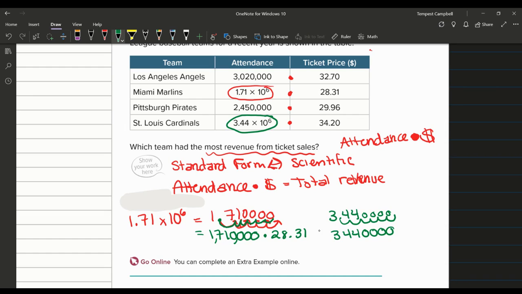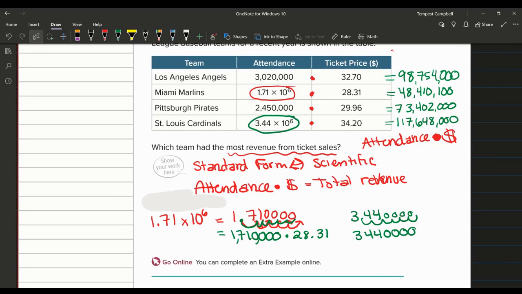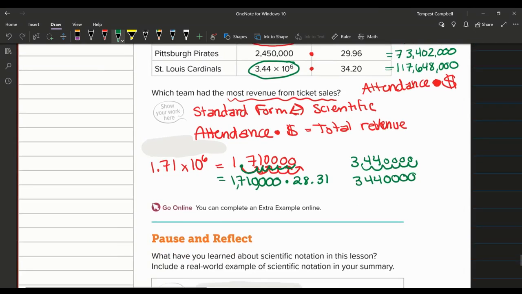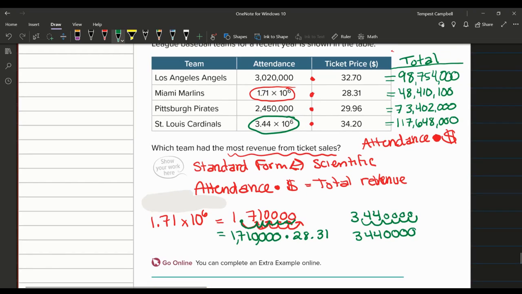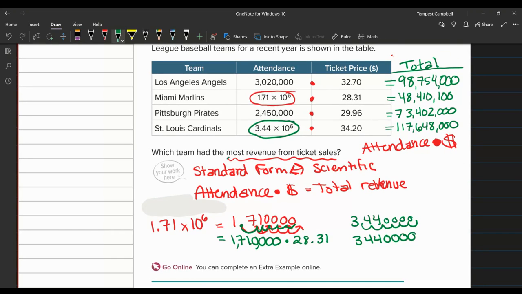All right, when I do all of this, we need to figure out what we get. After plugging it into the calculator, you should have these total prices on the right hand side. Let's check our answer. We're trying to figure out the most revenue.